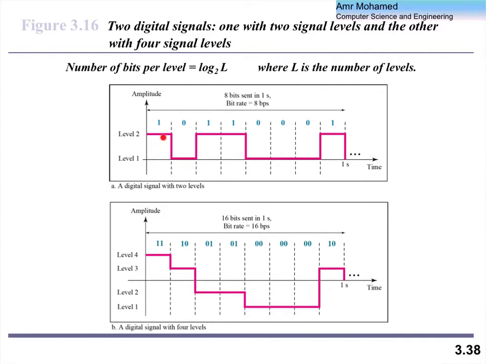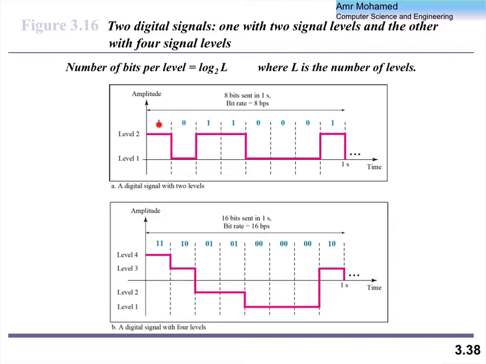This digital signal represents this combination of ones and zeros, and as we can see, in general it is non-periodic. It does not have a fixed repetition that repeats over time.